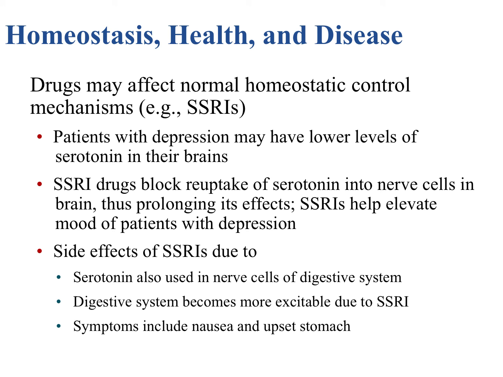Okay? If I don't produce enough, a lot of it gets reuptaked into the neuron that releases it. Okay? So this inhibitor allows that serotonin to stay in the synapse longer. I only produce a little bit, but if it stays longer, it will still give me the good feeling, initiate those neurons that make me increase my mood, etc. Okay?